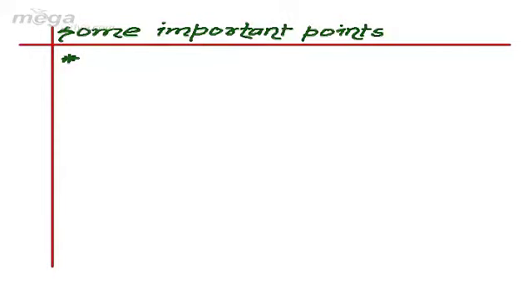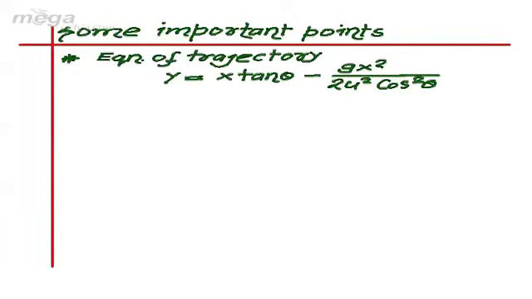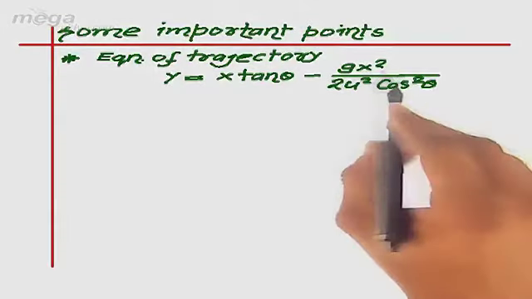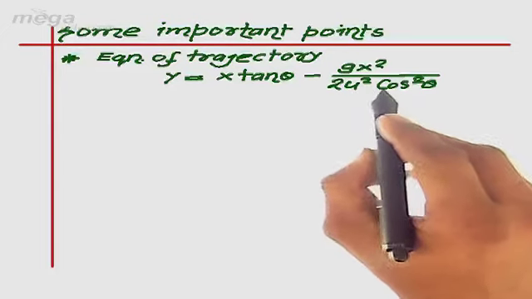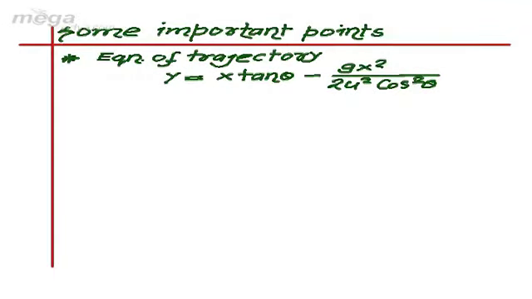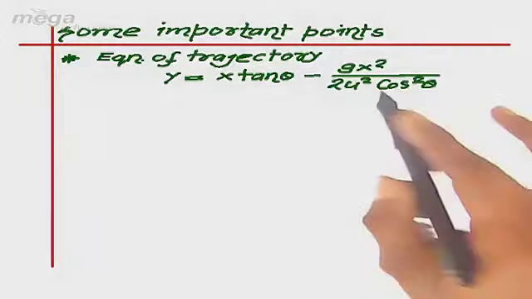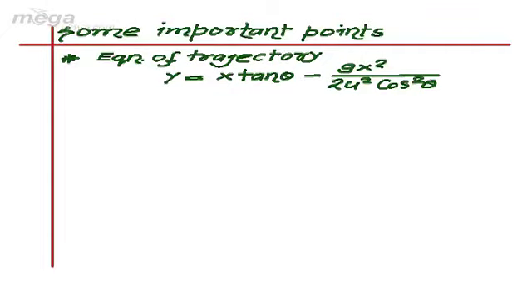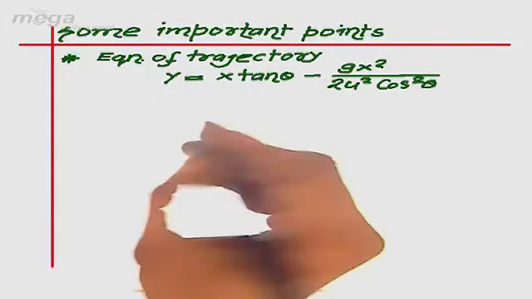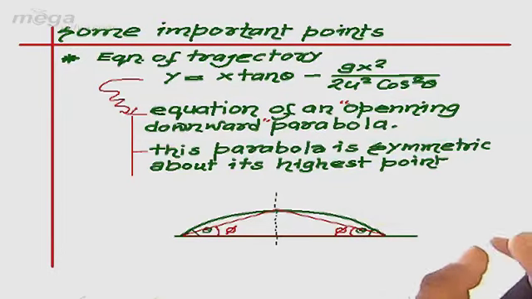The first important point is that the equation of trajectory y equal to x tan theta minus gx square divided by 2u square cos square theta is the equation of a projectile. This equation of trajectory is also the equation of a parabola. So this parabola is symmetric about its highest point.